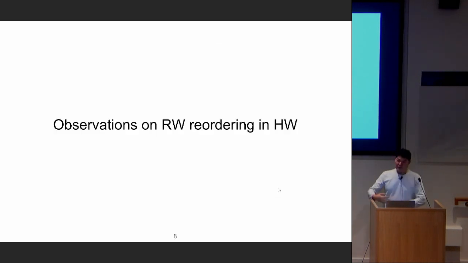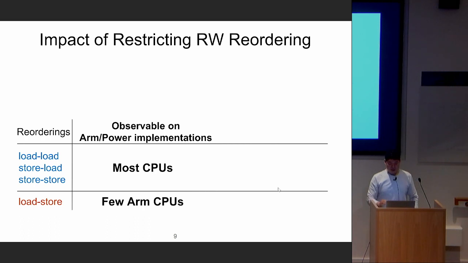I want to tell you some observations on load buffering, or read-write reordering, in hardware, okay? First, if we do not allow load buffering in hardware, what happens? Okay, the impact of restricting load-store reordering. Let's talk about that. First, these three reorderings are very crucial for hardware performance, and this happens in basically most CPUs. But load-store reordering, if you try to observe it, is observable in very few CPUs.